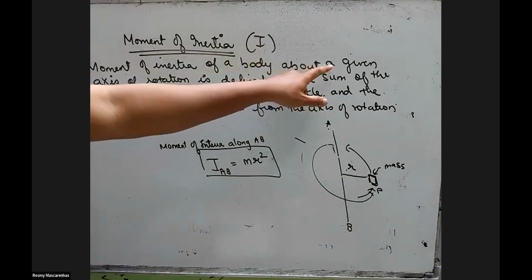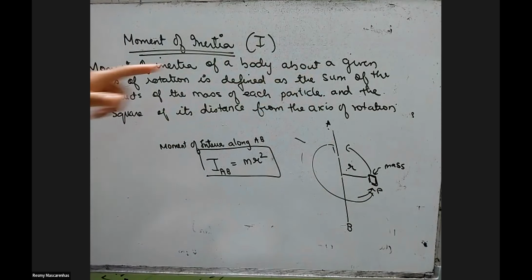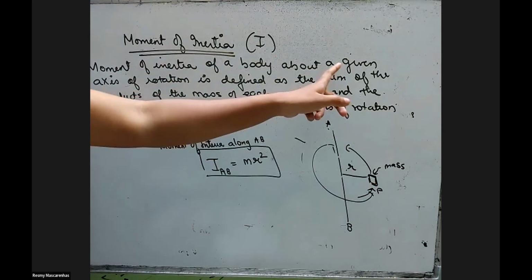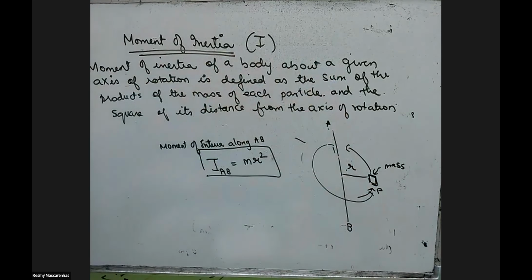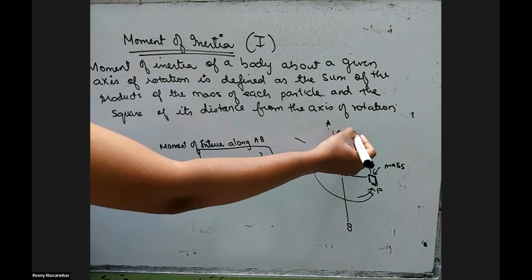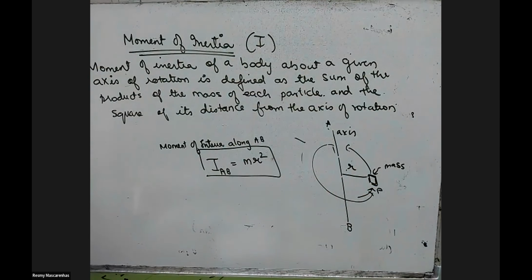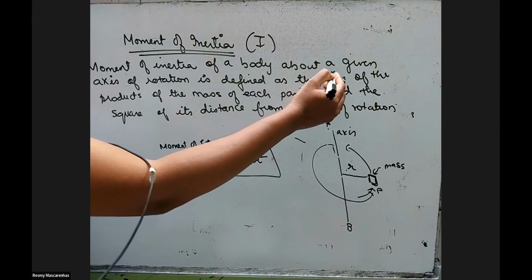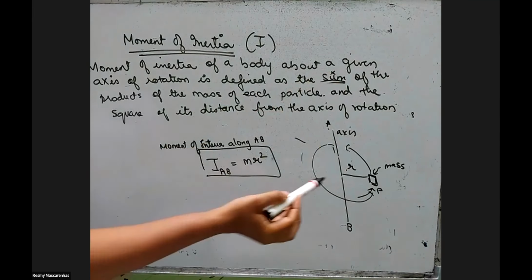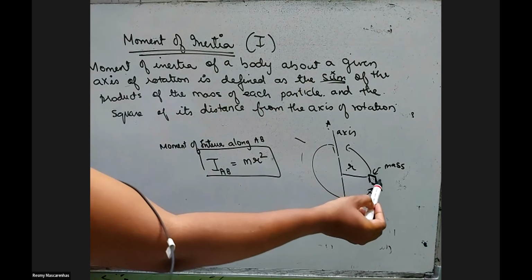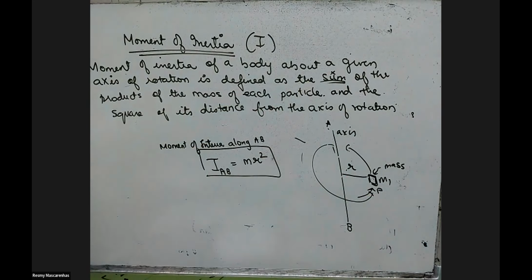Moment of inertia of a body about a given axis, so this is your axis, is defined as... this sum I'll explain. As of now just ignore the sum because I am referring to just one mass. I'm just taking it as m1.